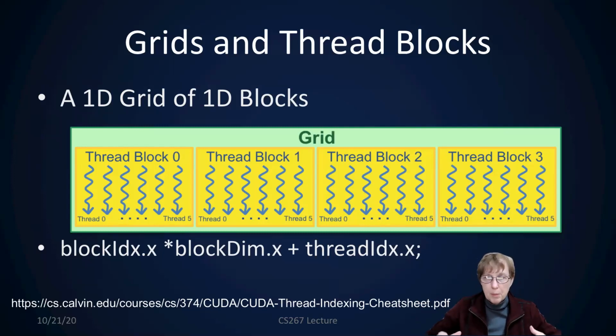And so rather than making the programmer keep all of that mapping in their head, they allow you to have a higher dimensional virtual mapping, if you will, of the threads and the blocks within what's called the grid. So the grid is the kernel that you launch, also called the grid of threads, and within the grid of threads are blocks of threads, and within the blocks of threads are threads.